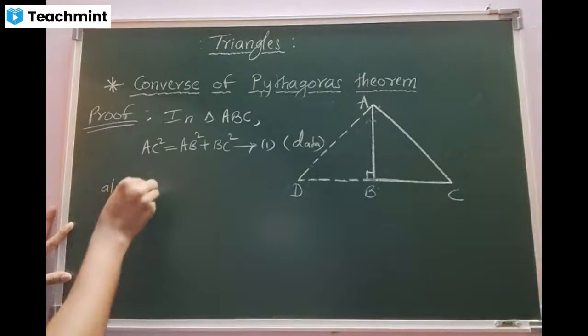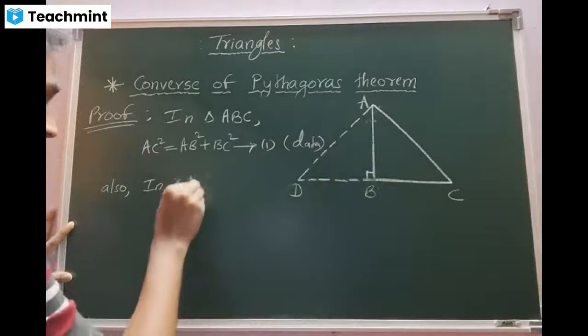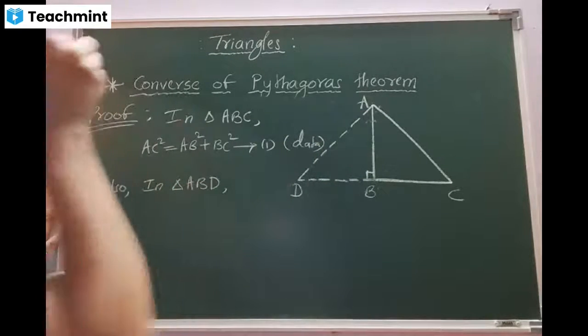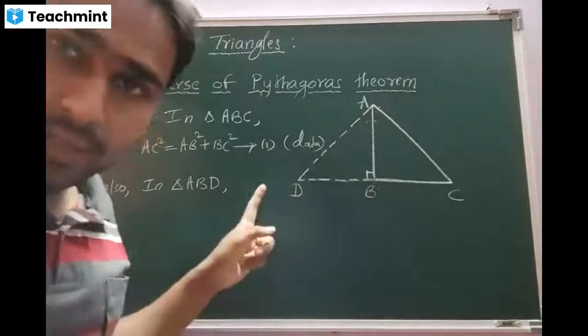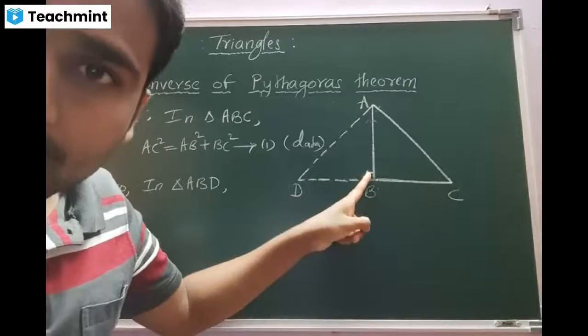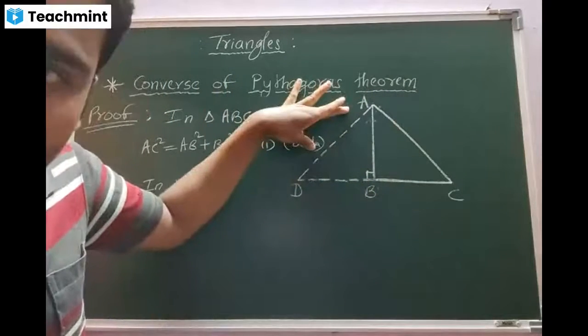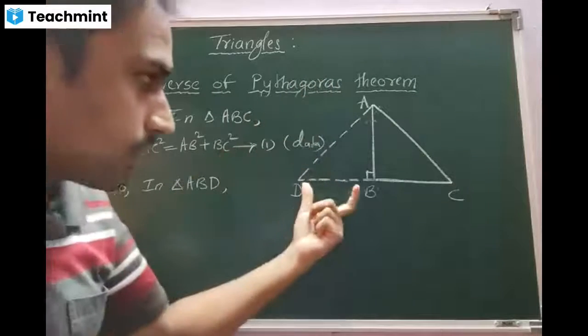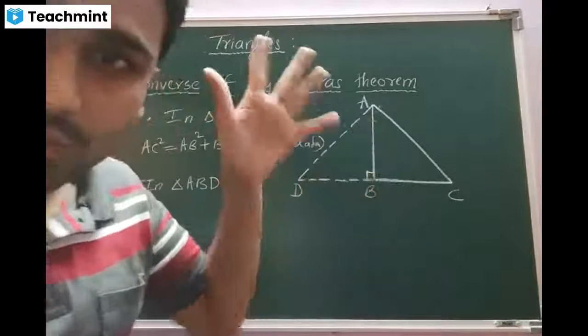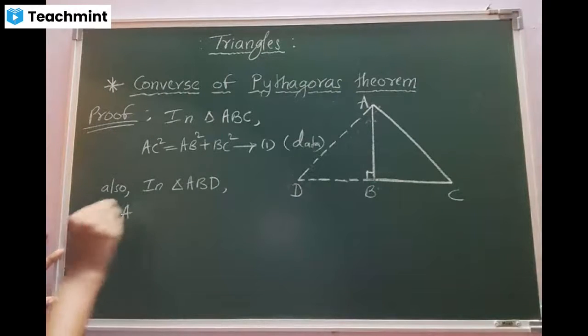Also, this is the other triangle, beta. New triangle ABD. Angle ABD is already 90 degrees. Am I right, beta? When it is 90 degrees, it is a right angle triangle. So the opposite side is the hypotenuse. The square on this should be equal to the square on this plus the square on this. Correct, beta? Yes, sir.